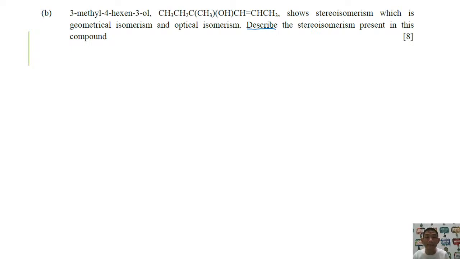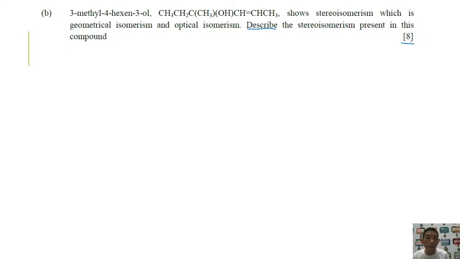Like I said earlier, as a student you shouldn't estimate where the marks are located, even though here it clearly says this is 8 marks. If I were the student, I would definitely write as much as I can, including the definition and the characteristics, so that I wouldn't lose marks.